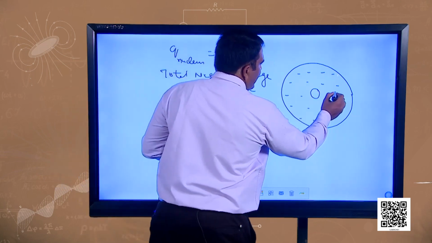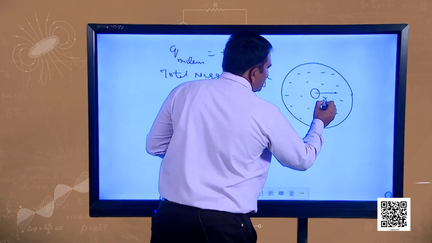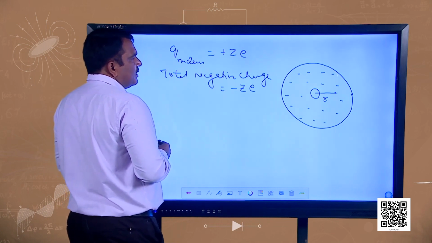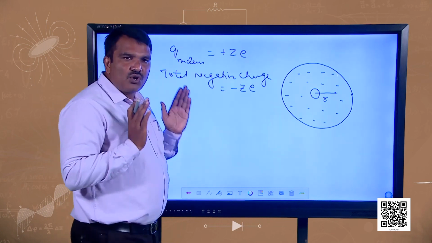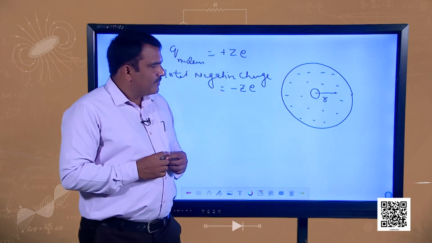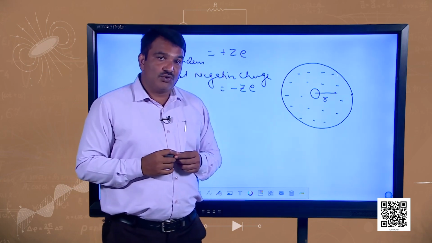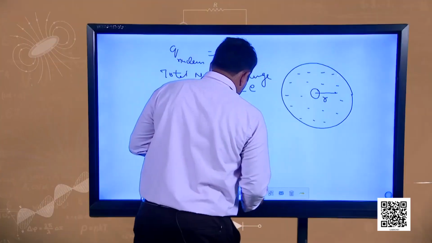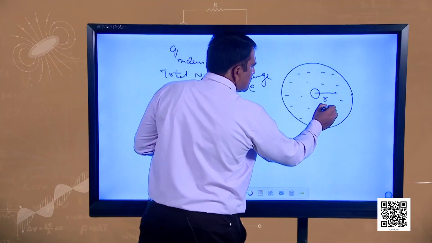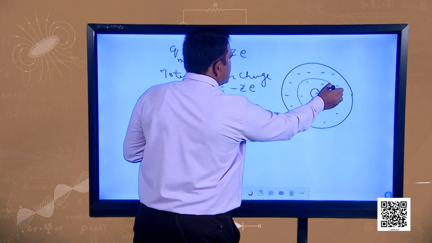Suppose this is your point P which is at a distance of small r from the center of the atom. First of all, let us draw a Gaussian surface, and by spherical symmetry the shape of the Gaussian surface should be a sphere. So our Gaussian surface is a sphere of radius small r.